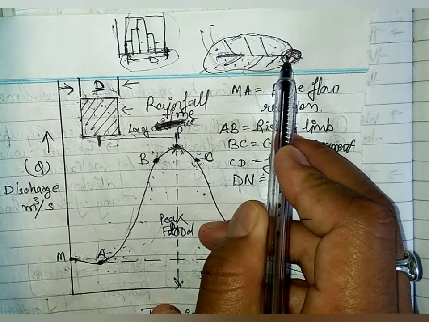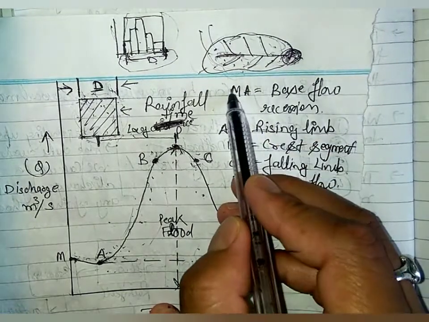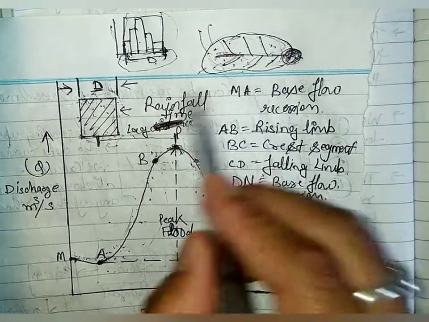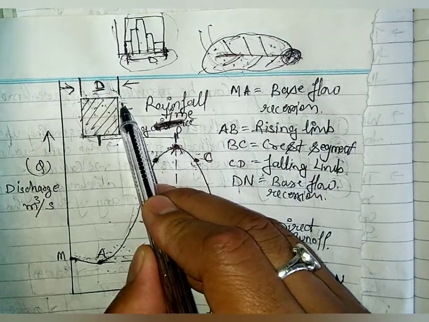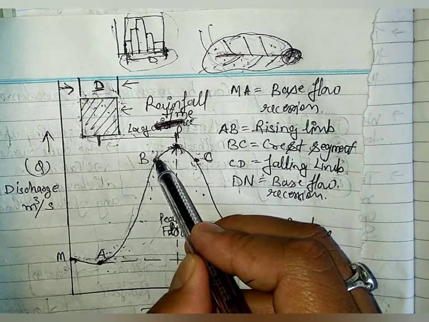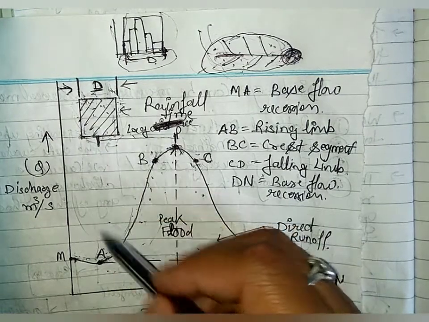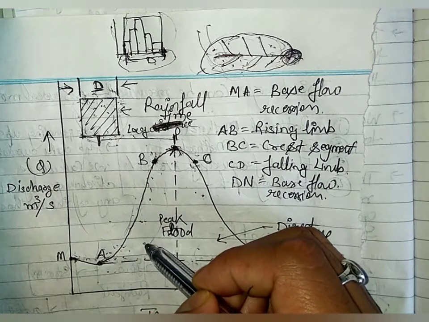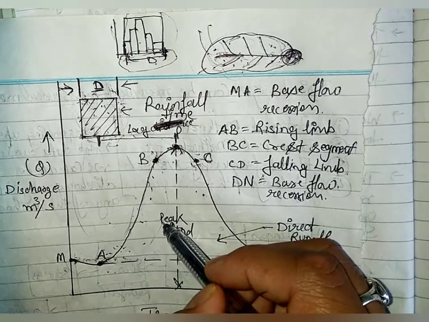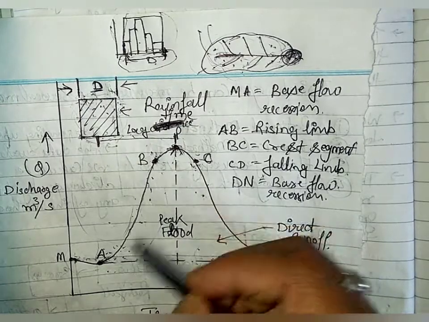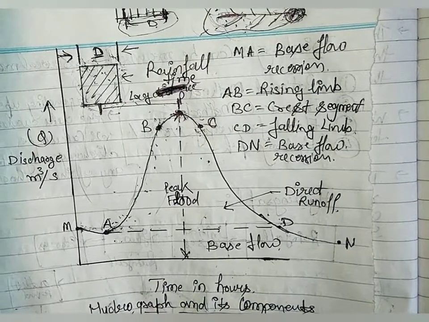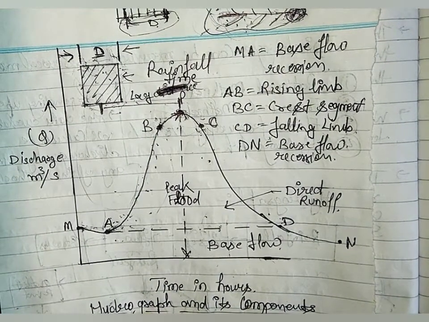Simultaneously, the infiltration losses also decrease with time. Thus under a uniform storm over the catchment, the runoff increases rapidly with time as indicated by this. The basin and the storm characteristics control the shape of this rising limb in the hydrograph. Now the second one is your crest segment, that is the BC segment.